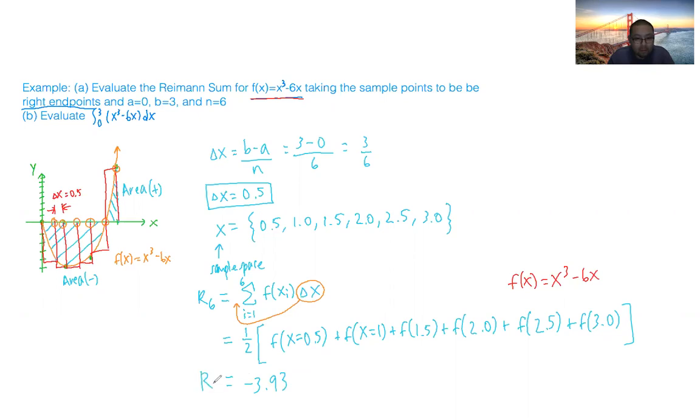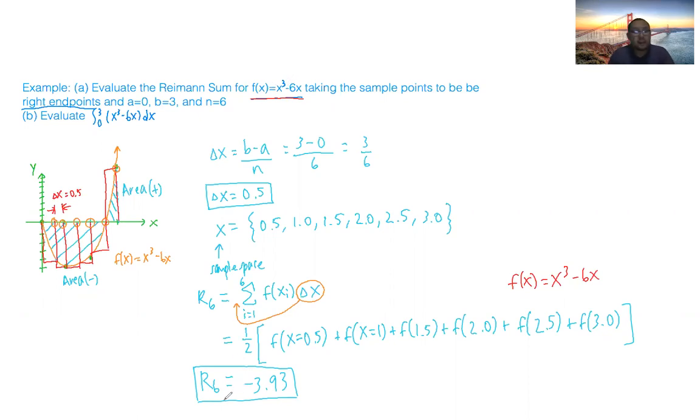Okay, so that's going to be the approximate area under the curve from 0 to 3 with 6 subintervals of your function x cubed minus 6x.